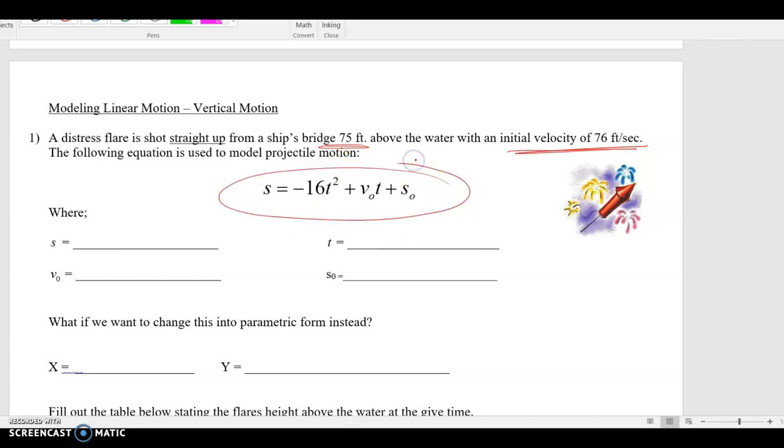This is our position. S is the position at time t. V sub naught is that initial velocity.